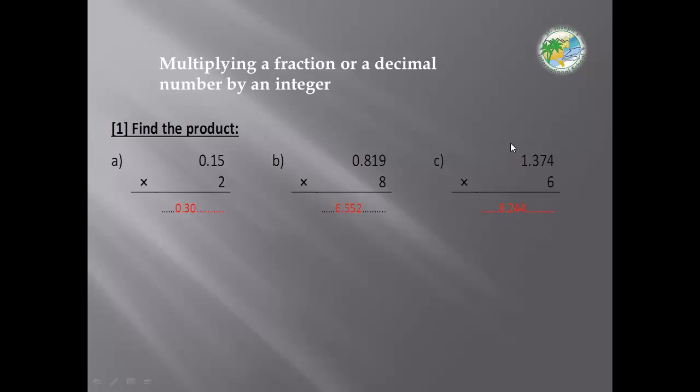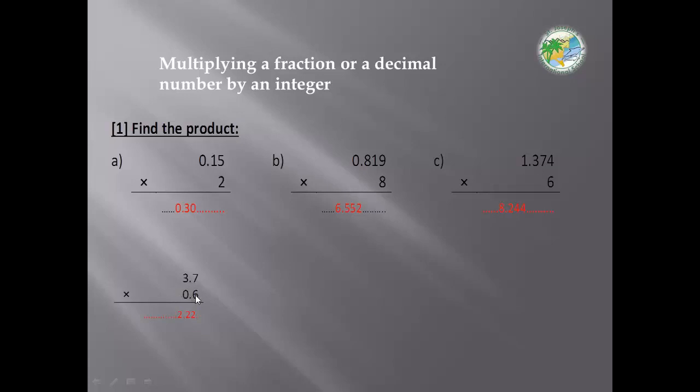It should be ignored. 6 times 4 equals 24. 4 carry 2. 6 times 7, 42, and 2, 44. 4 carry 4. 6 times 3, 18, and 4, 22. 2 carry 2. 6 times 1, 6, and 2, 8. Decimal point after 3 digits. Fine.